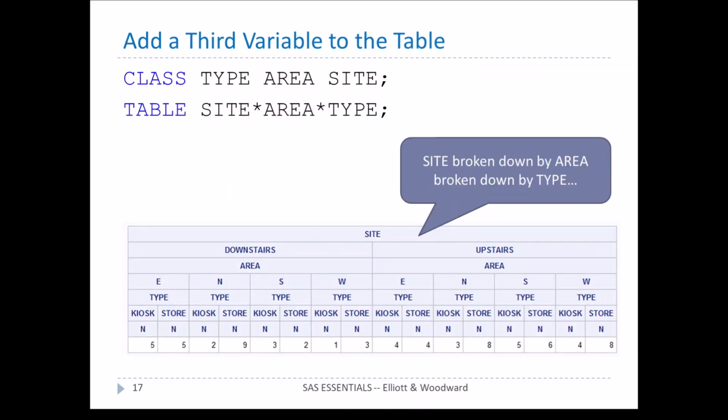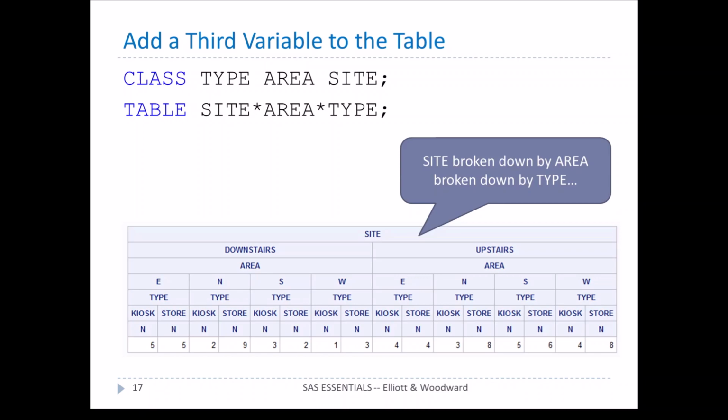Now let's add a third variable to the table, and it is site. So here we have the classification of variables. Again, just to reiterate, if we're going to use a variable in a table that's a categorical variable, we need to include it in the CLASS statement. So in this case, we have type, area, and site. So notice here we have site by area by type.